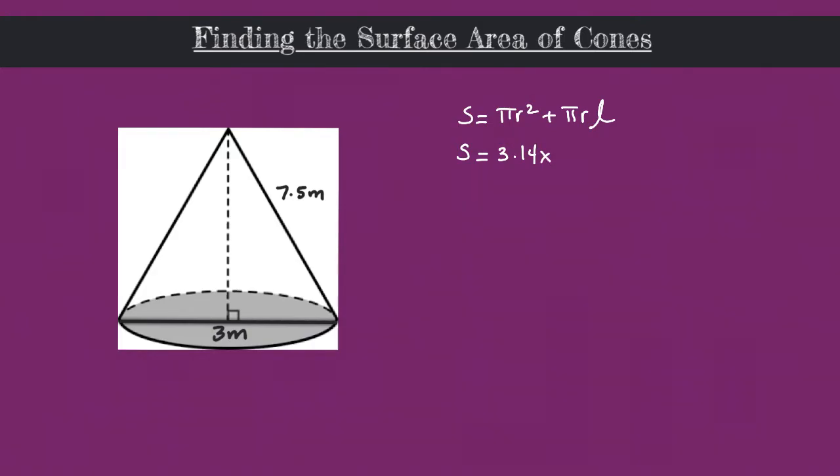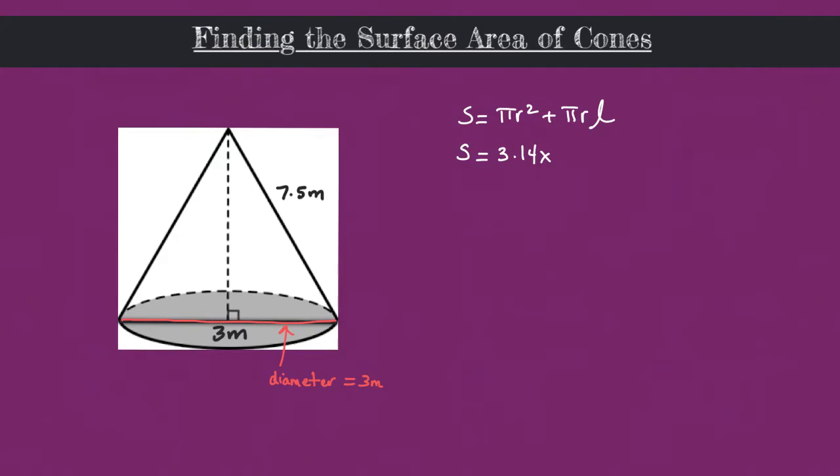Now, take very close notice that in our problem, we have been given the length from one end of our base to the other through the center. That is actually the diameter of our cone, and that is 3 meters. Because we've been given the diameter, we need to find the radius, because the radius is what is needed for our formula.